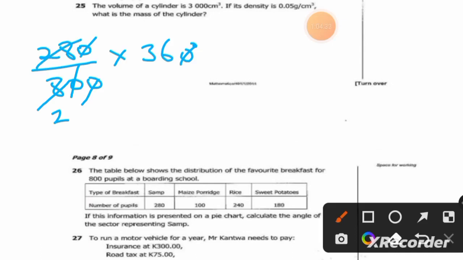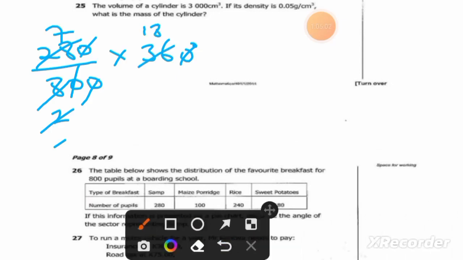So 4 into 28 is equal to 7. We are also going to say 2 into 2 is equal to 1. 2 into 36 is equal to 18.